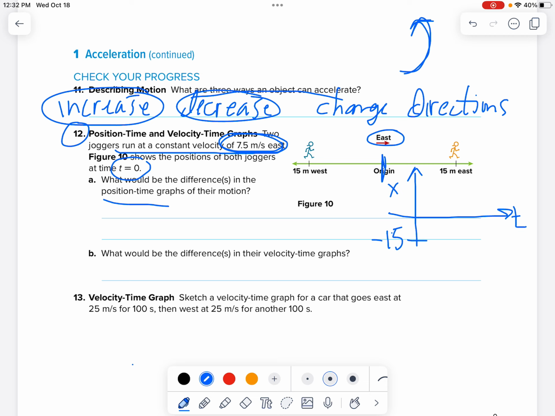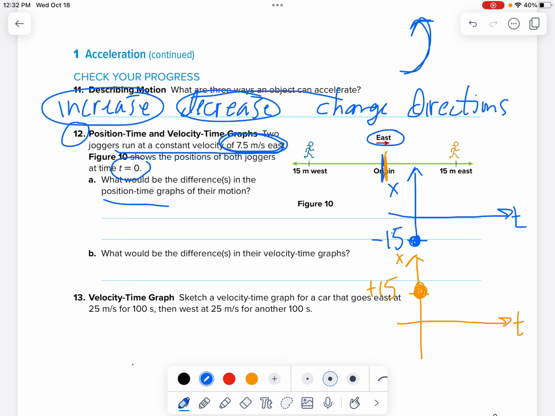The orange guy is starting beyond the starting line. So he's starting up here at positive 15. Okay, still position and time graph. The difference is where they're starting. So again, the orange runner is starting beyond the starting line, the origin there. The blue runner is starting behind it, so we have to put them at negative.